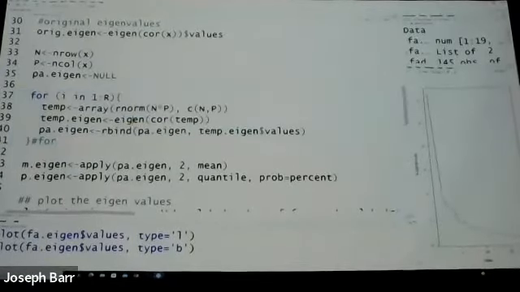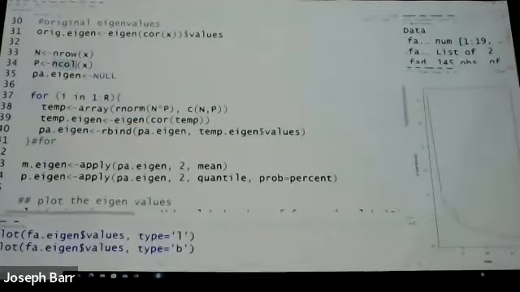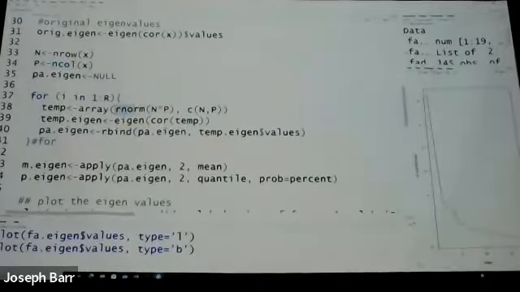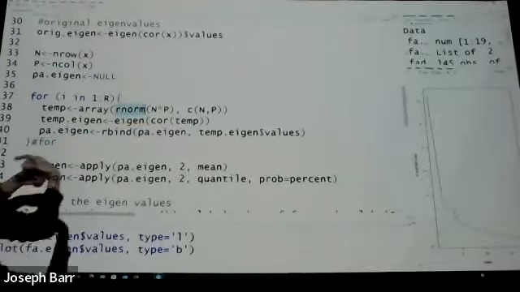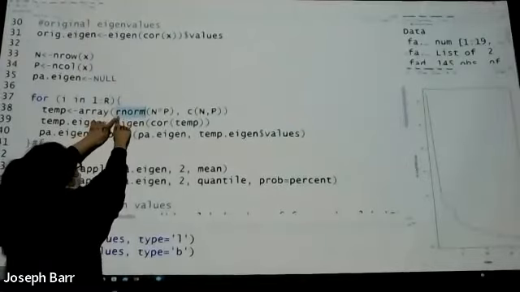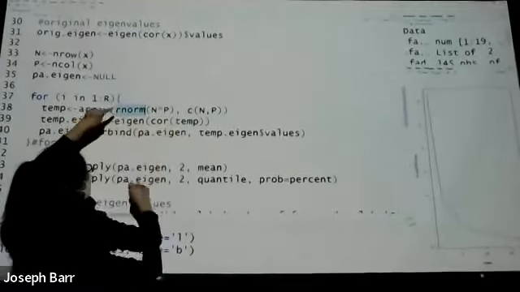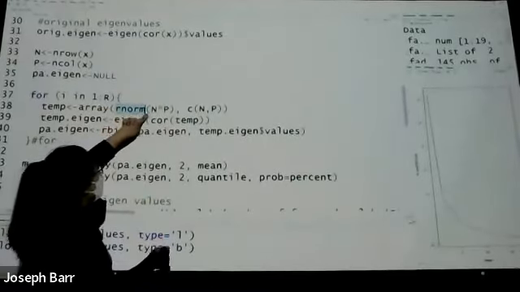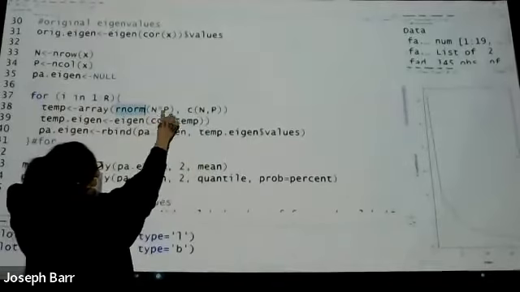The original data set has n rows, p columns, that is the dimension. So I'm gonna generate rnorm. What does that mean? Random data from normal distribution. What's the dimension? N by p.